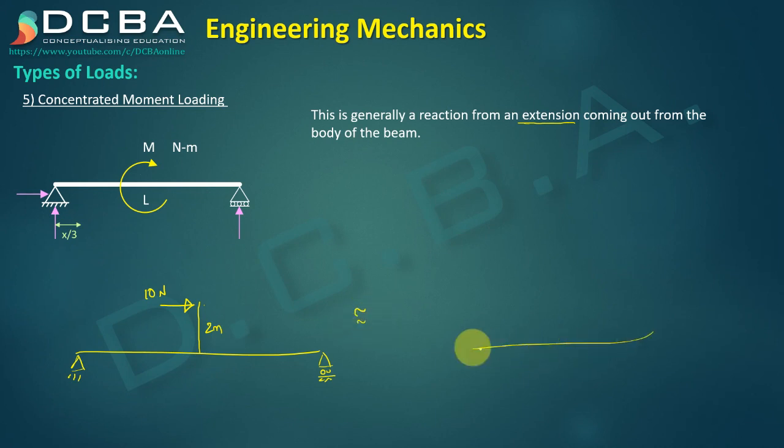I want to simplify this structure. I do not want that column, I want to remove it. So I will have to transfer this 10 newtons to this point, let us say points A, B and C. At point C, when I transfer this 10 newton downwards like this, as we have learned before how to transfer forces from one point to another, along with the direct transfer of force there will also be a moment of 10 into 2, which is 20 newton meter.